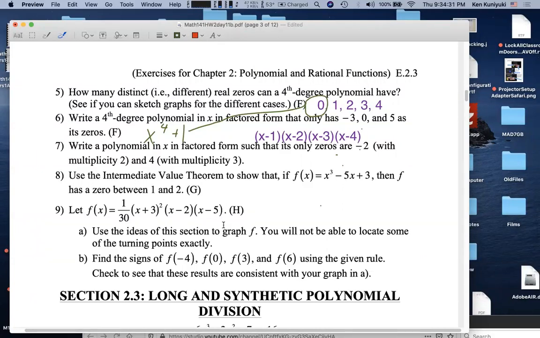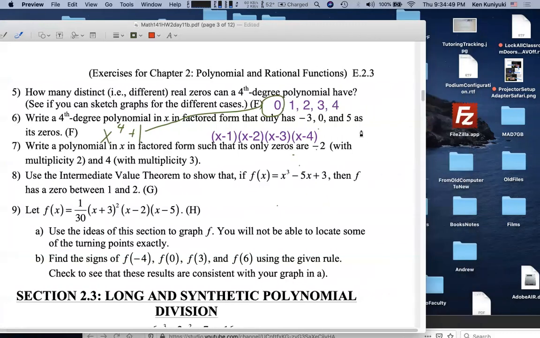All right. On number 6, write a fourth degree polynomial in x in factored form that only has -3, 0, and 5 as its zeros. So similar theme. So if -3 is a zero, then x plus 3 is a factor.